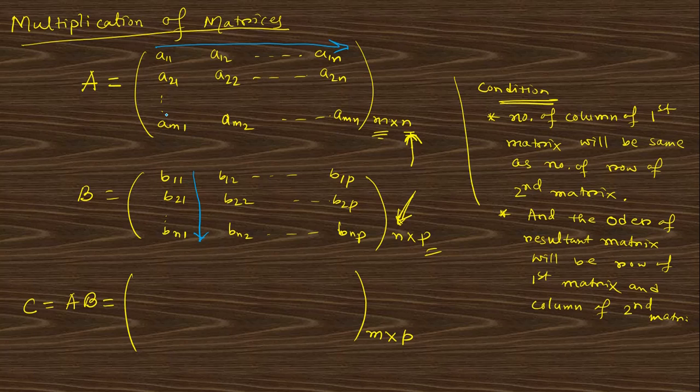That means you need to multiply A11 by B11, that is A11 B11 plus A12 B21 plus and so on up to A1n BN1. Clear? This is the first element of this matrix.